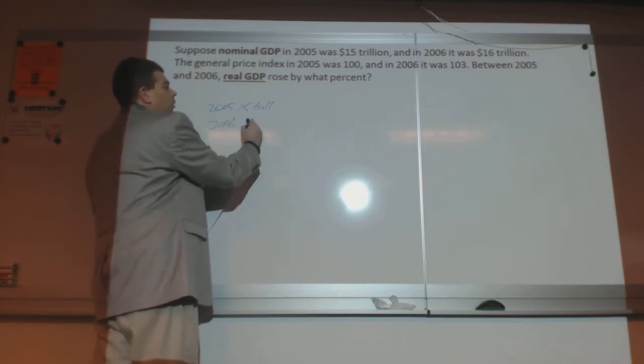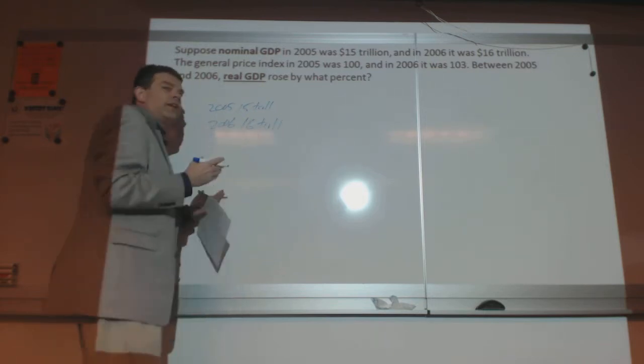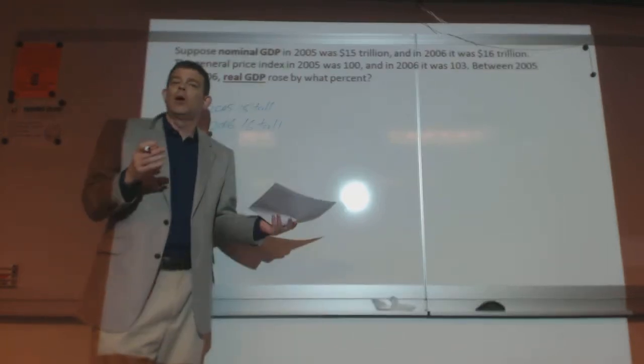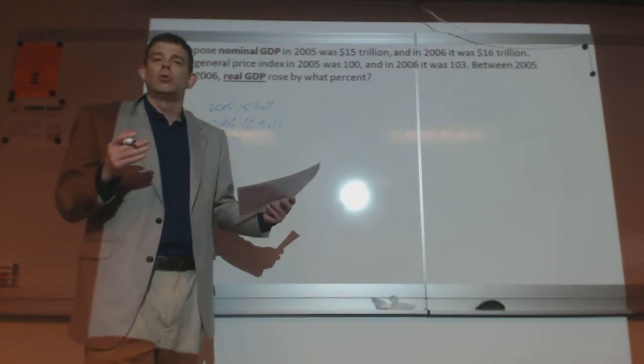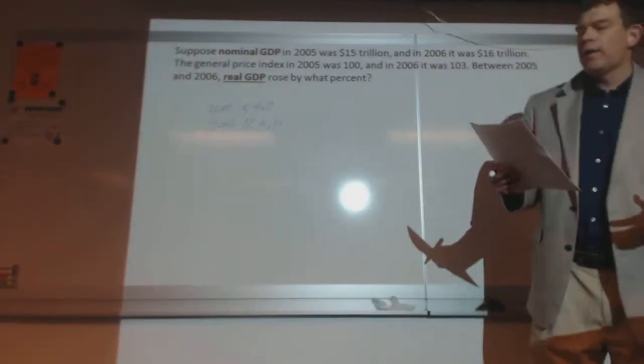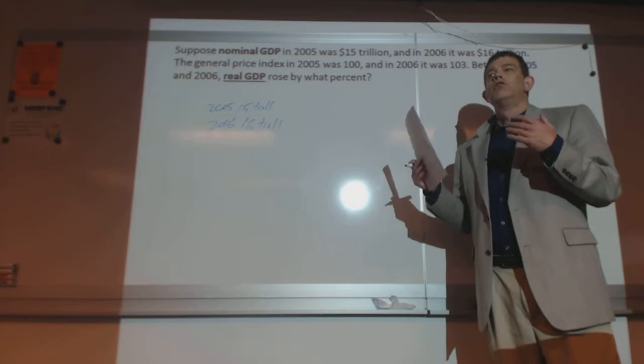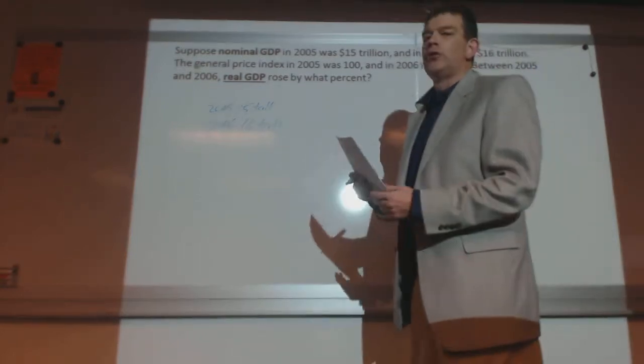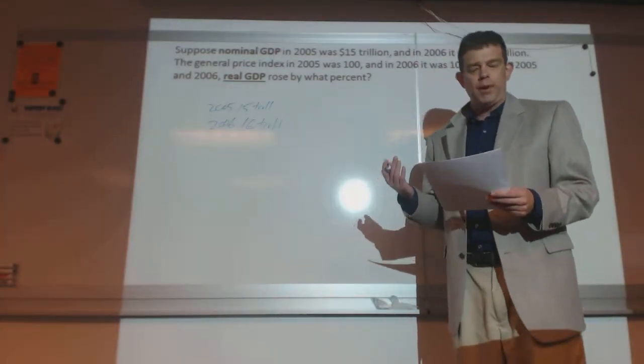So if GDP went from 15 trillion to 16 trillion, is that good economic news? Well, maybe. We're not sure yet, because we always have to adjust nominal GDP for inflation to convert it to what is called real GDP.